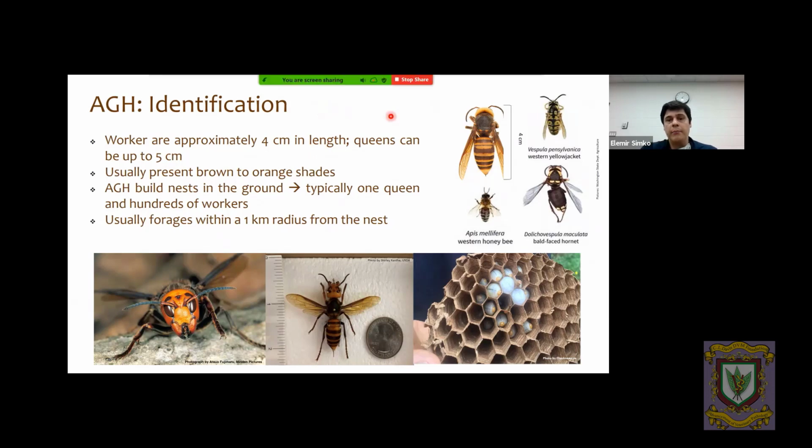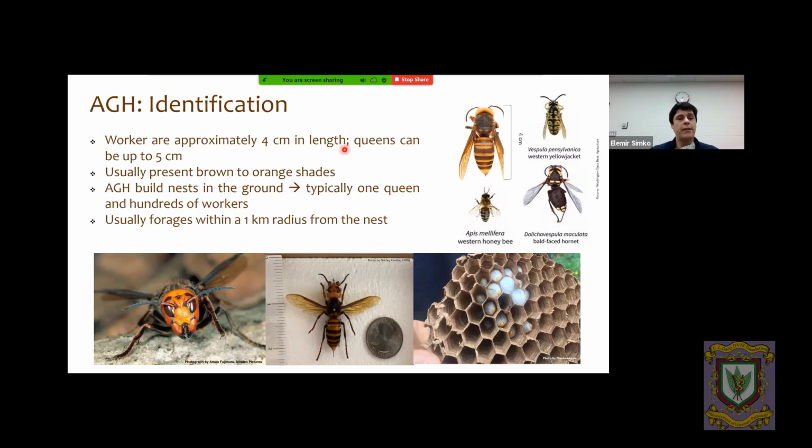Here I placed the Asian hornet together with other common species of wasp that we can find here in North America. For example, the Western yellow jacket and the bald-faced hornet. And we can see that the size is pretty much discrepant, right? And the Asian hornet's way larger. Here, just for reference, the size of Apis mellifera.